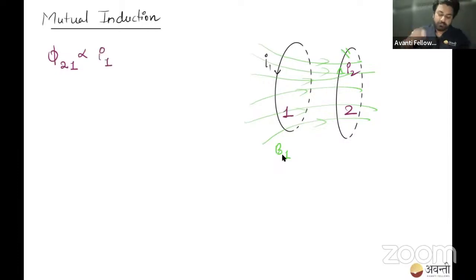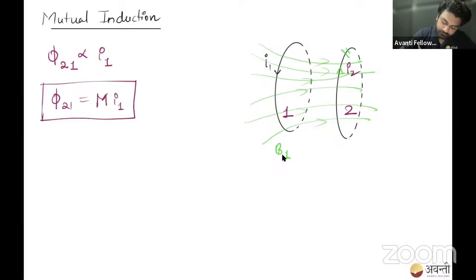If I remove this proportionality constant, mutual inductance will come, so flux equals M times I1.